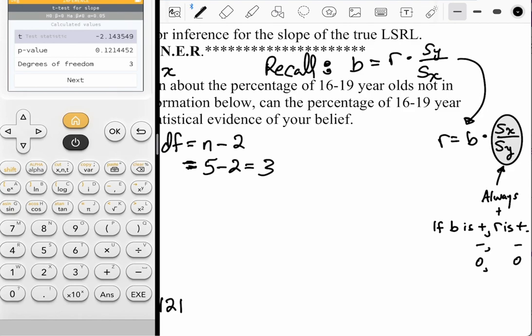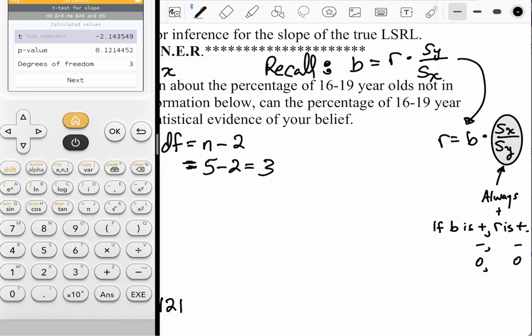If B is positive, then R is going to show a positive linear relationship. If B is negative, R is going to show a linear relationship, but in the negative direction. And if the slope is equal to 0, the line is horizontal.